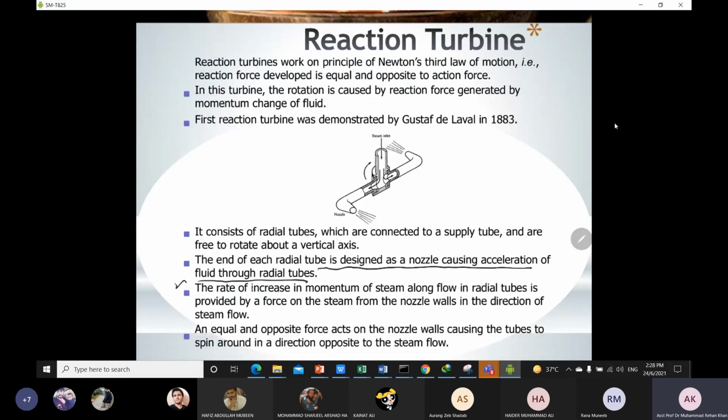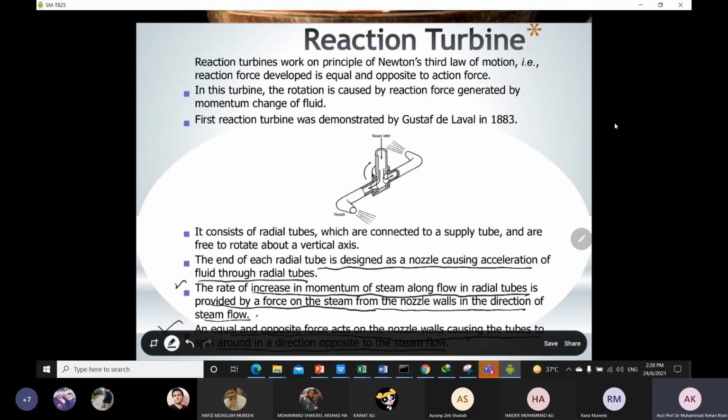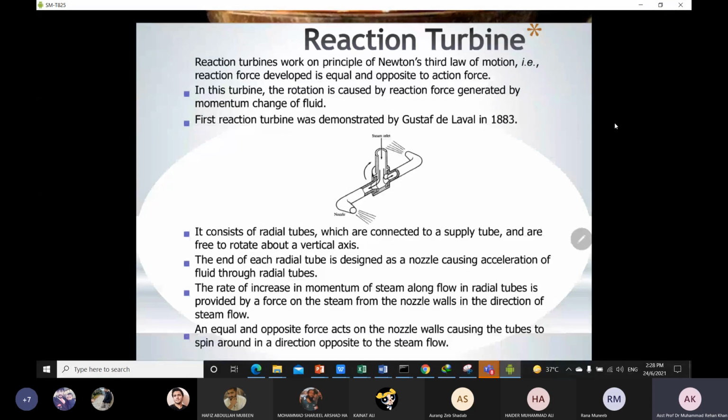The rate of increase in momentum of steam along the flow is provided by a force on the steam from the nozzle wall in the direction of steam flow. An equal and opposite force acts on the nozzle wall, causing the tube to spin in the direction opposite to the steam. It is the same example we already discussed in the previous slide, which is the principle for the reaction turbine.